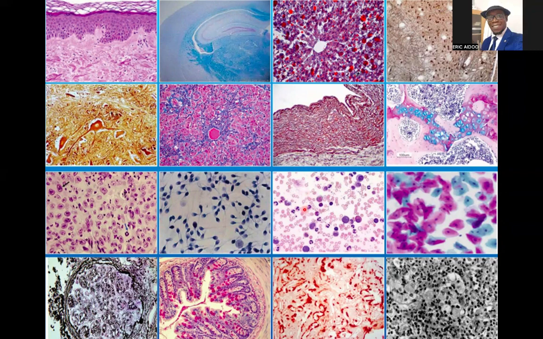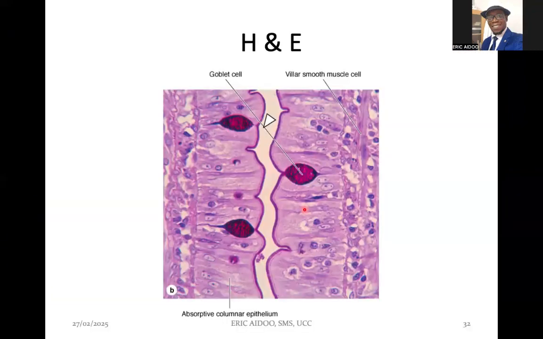You also have the trichrome stain and a whole lot. These are just examples of other stains. Periodic acid Schiff is also a type of special stain. Goblet cells are usually not stained with H&E, so this is a special stain giving the goblet cell color.